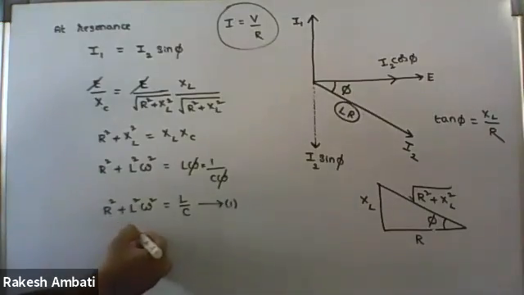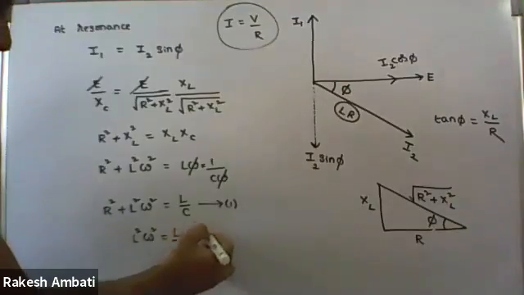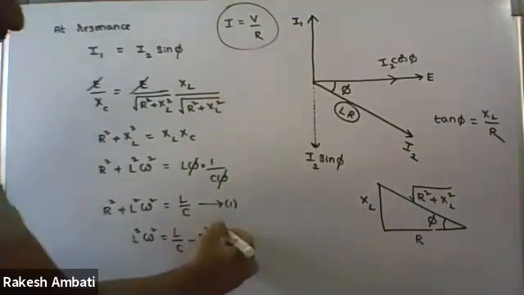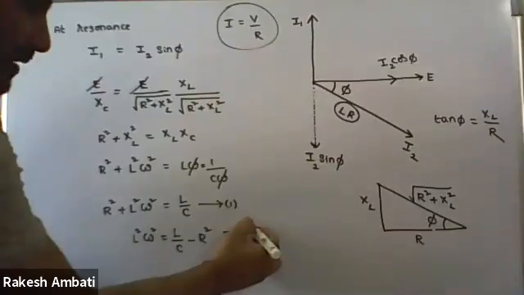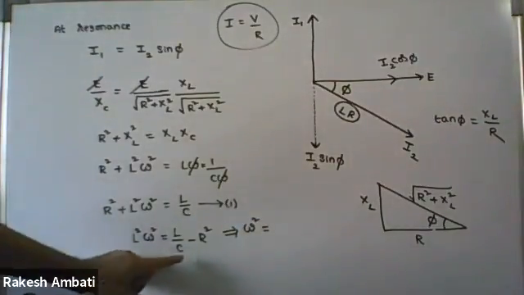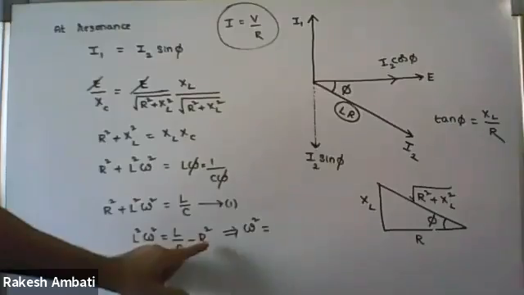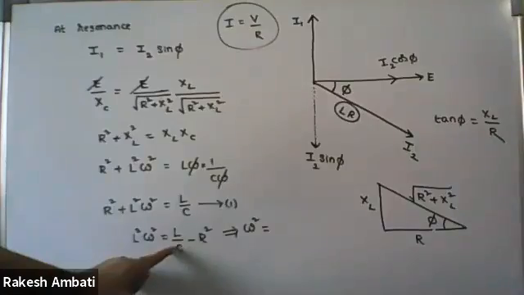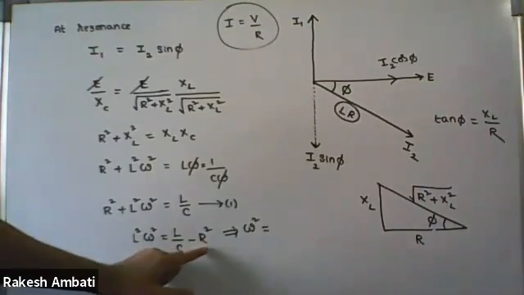From this equation, L square omega square equals L upon C minus R square. Then omega square equals, taking L square to the right hand side, we have to divide with L square here and also here.